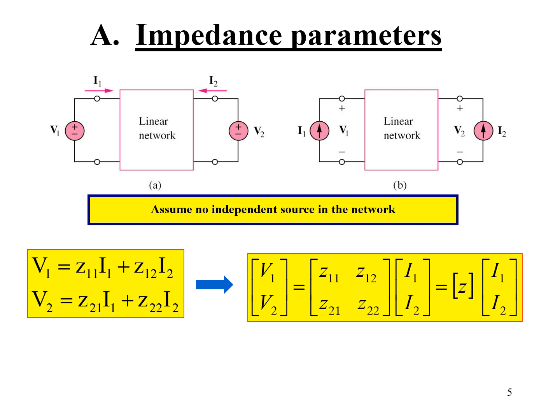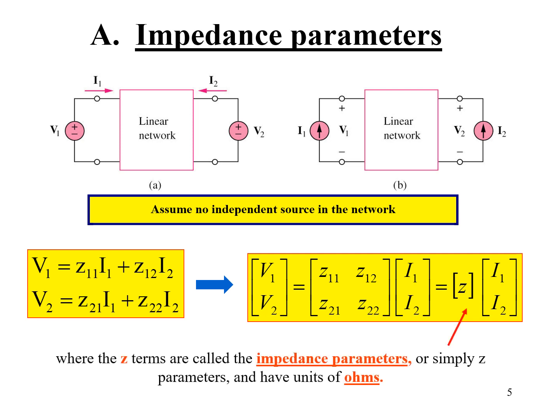If we arrange this in matrix form, we have Z11, Z12, Z21, and Z22, and this can be characterized as just Z. The Z terms are the impedance parameters, and they have units of ohms.